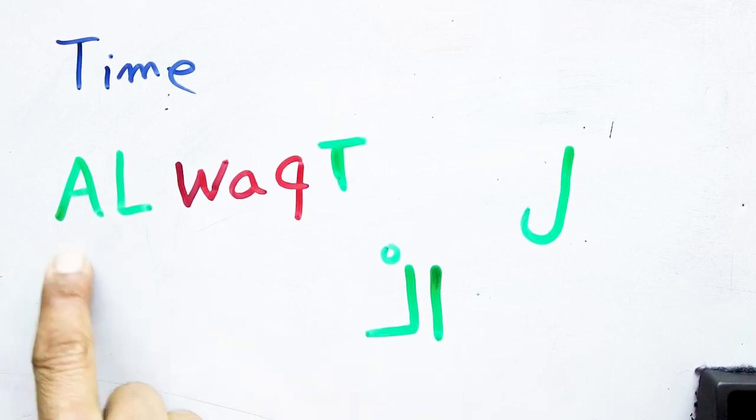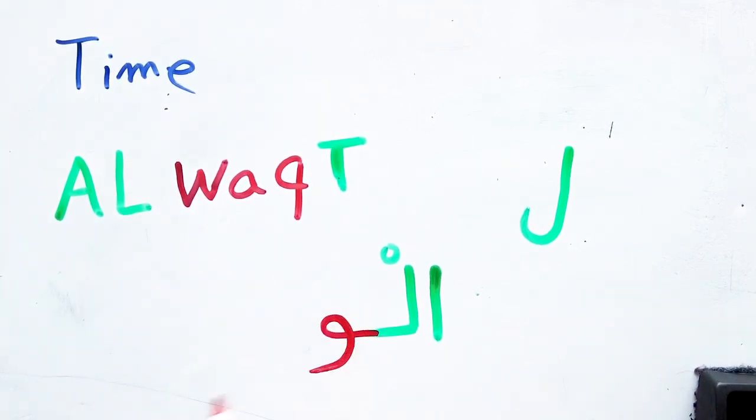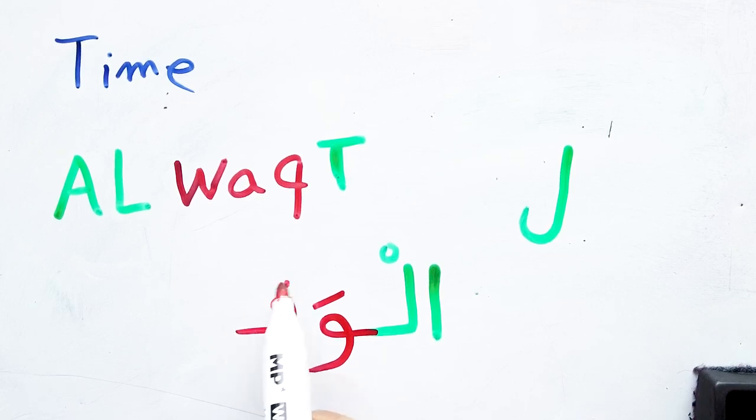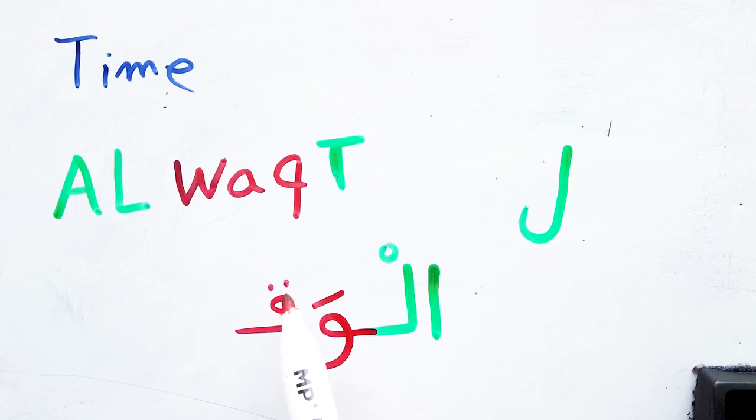L. And then we have this letter, waw, it sounds like W, and then this A is fatha. So al wa. This fatha sounds like A. Al waqa. Pay attention, it sounds stronger than K. I say qa. Qaf sounds like qa. Let's add sukun here.